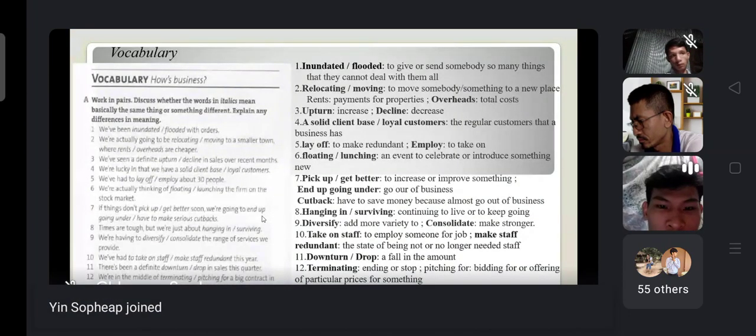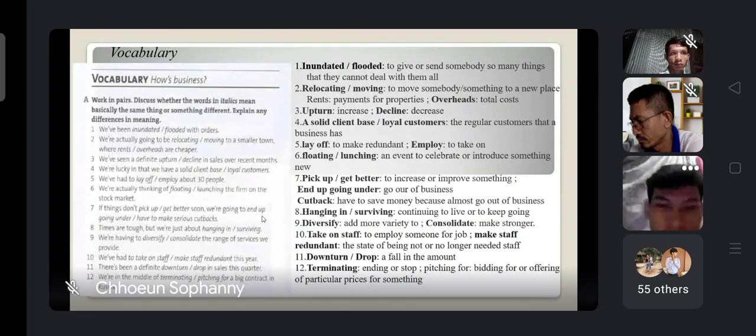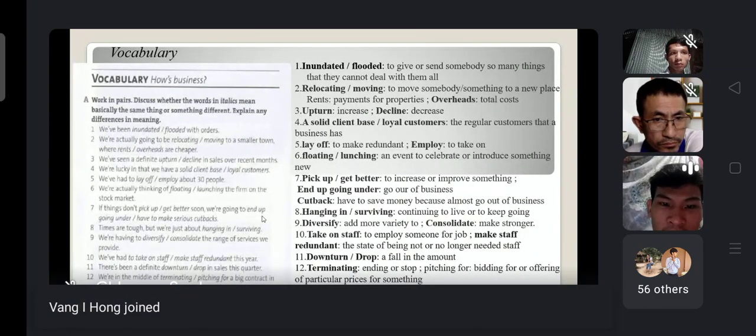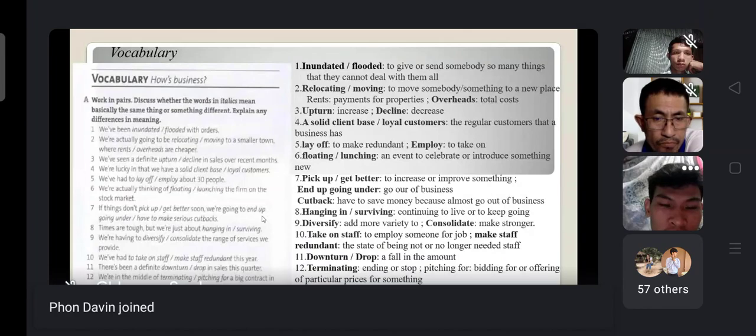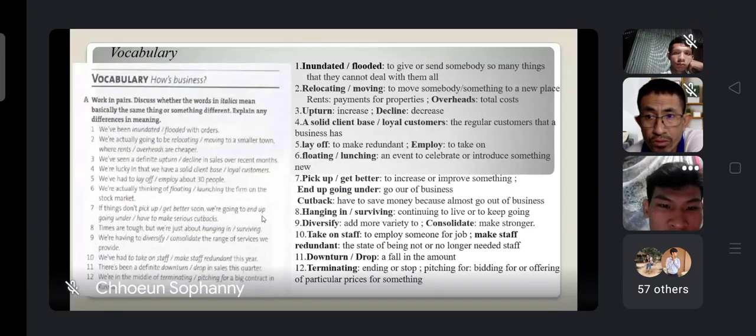That means going out of business. And another one is cut back. Cut back means to save money because you may go out of business. That means cutting back the cost that you spend every month on services or inventory. That means you cut back on spending because your company may close.